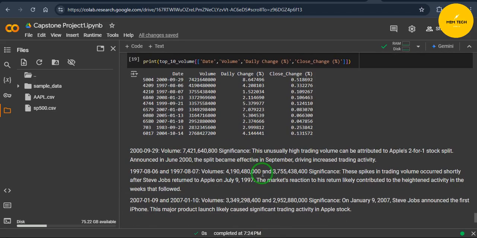Okay. In conclusion, this analysis provides a comprehensive view of Apple's stock performance, the importance of high volume days in identifying market sentiment and trends, and the utility of moving averages for short term and long term decision making.